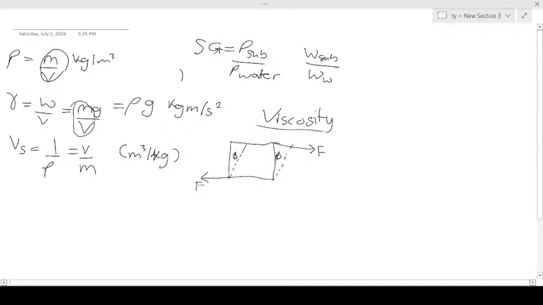This is x, this is y. When we take tan of this angle, we are going to get x over y. But then this angle is very small. When an angle is very, very small, tan of the angle is basically the same as the angle. So the angle is phi.